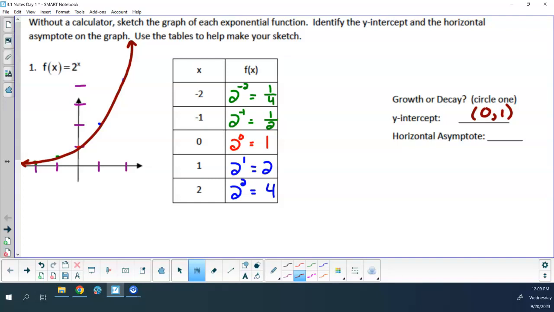If my base is positive, right? Because my base is positive, is there any power that I can put on a positive number and get out a negative number? No. There's always going to be a positive number, right? So it's never going to be 0, and it's never going to be negative.